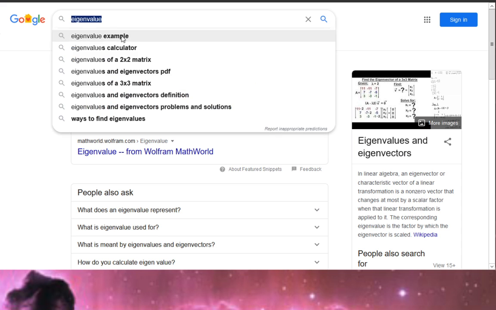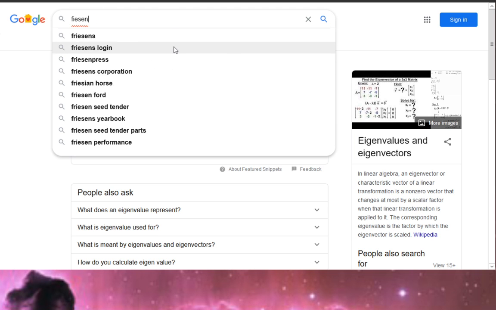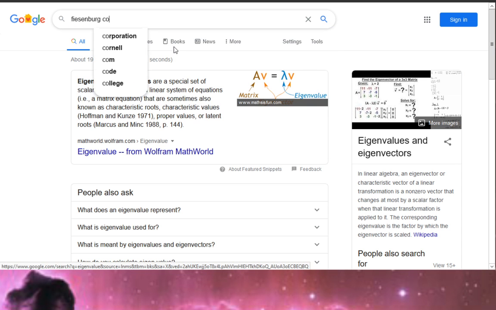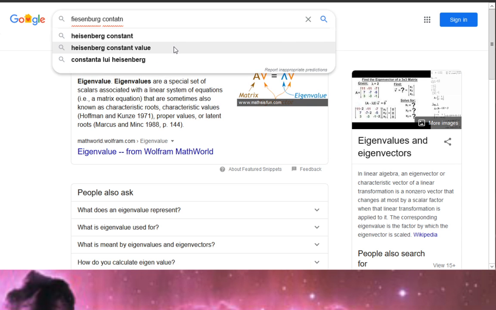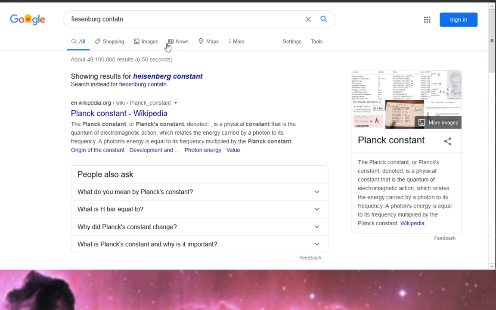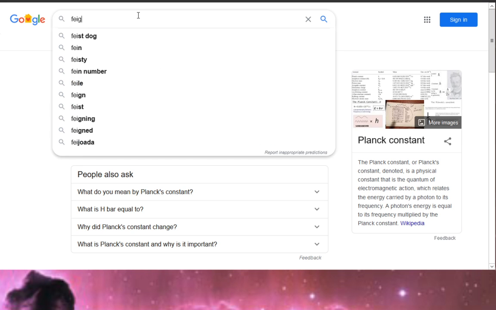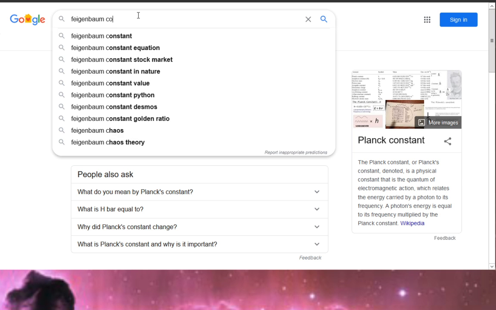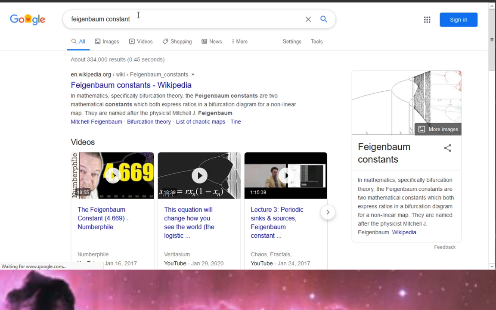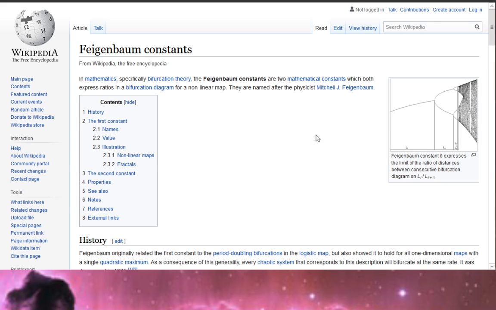That's really not the number I want to look up. We want to look up the, I can't even remember how to spell it. Heisenberg? No, that's not what I want. F-E-I, Feigenbaum constant. Alright, this is what we're going to look up right here.